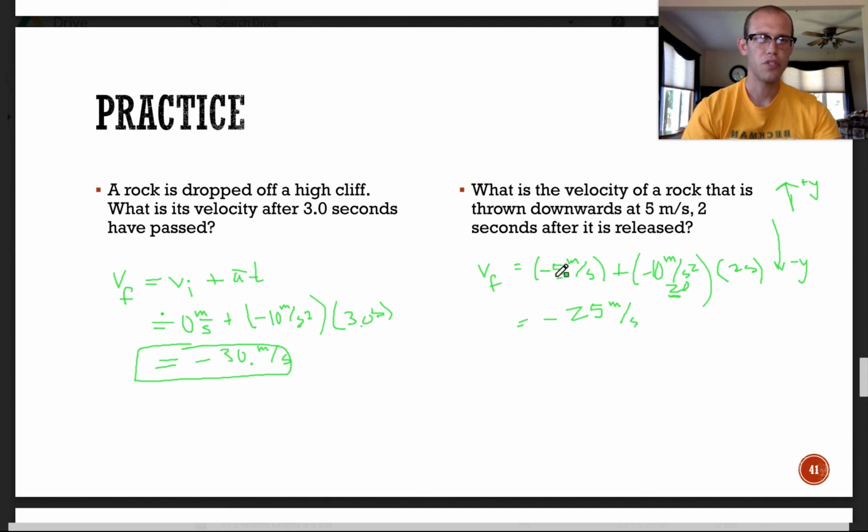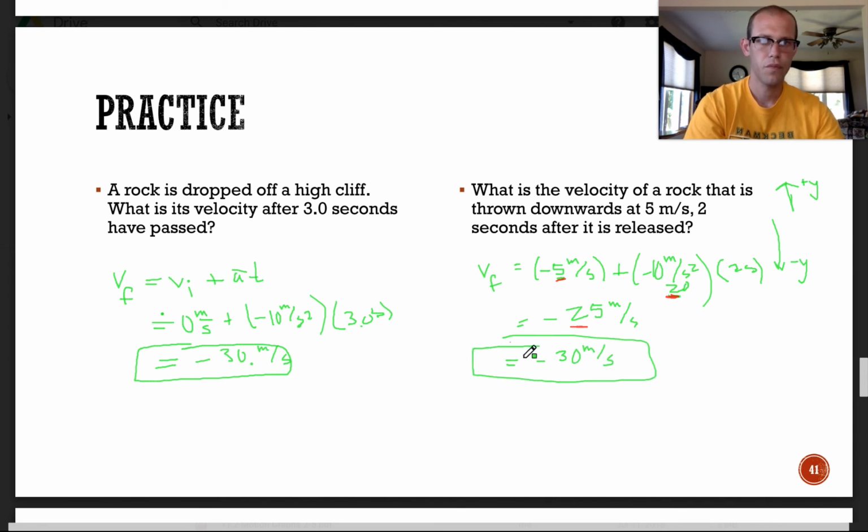Here I'm only going to the 1s place value. So with those place values present, I have to go to the least precise one, which would be the 10s place value. So my answer will have to go to right here. So that will make my final answer negative 30 meters per second. Notice I have the negative there to show, hey, we're going downward still in our velocity at this time.